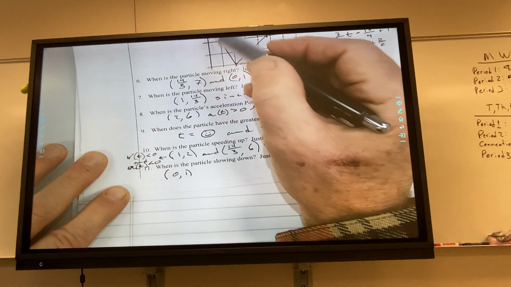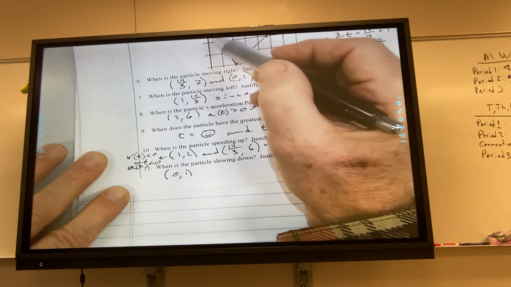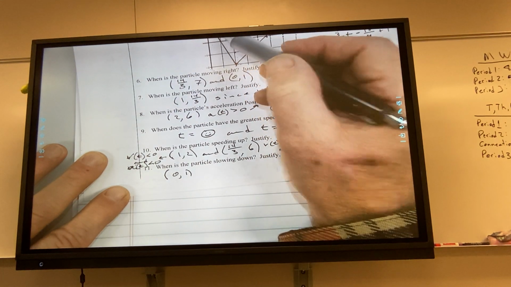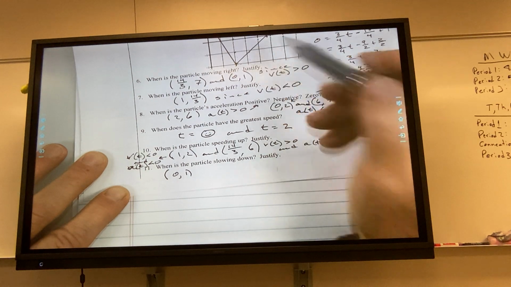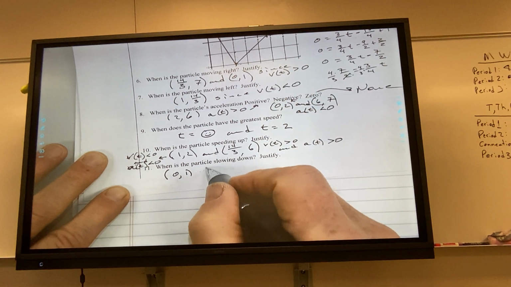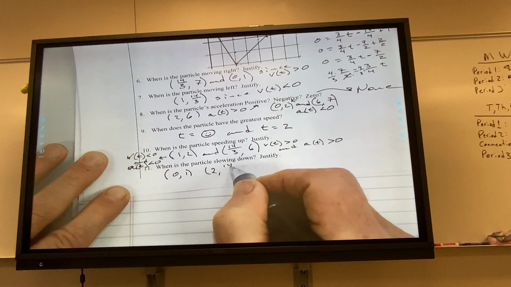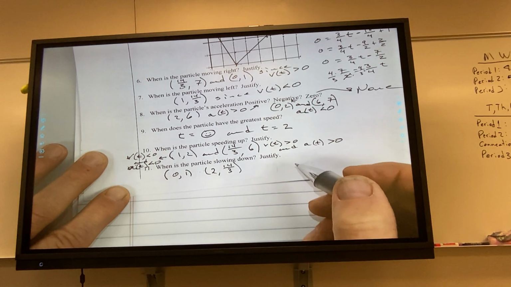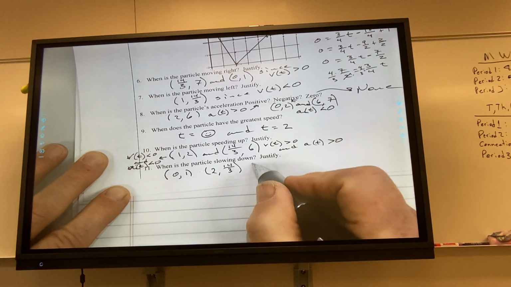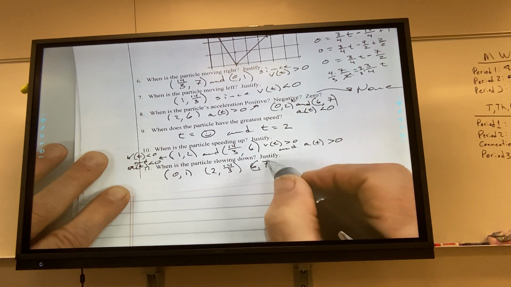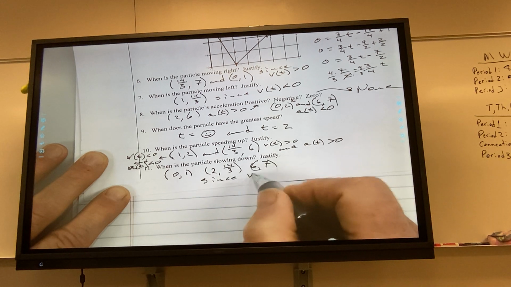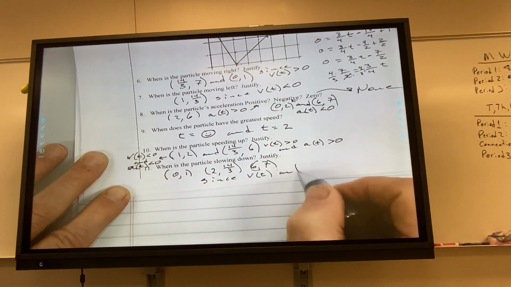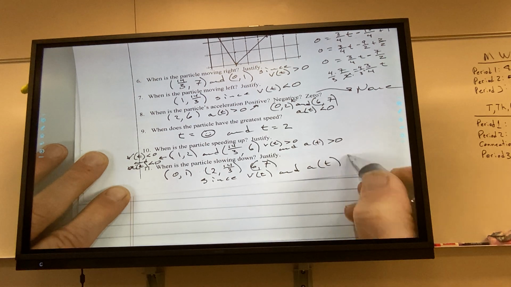Right? You would see that the velocity is positive and the acceleration is negative. Where else? From 2 to 14/3. And 6 to 7. And you can say, since v of t and a of t have different signs.